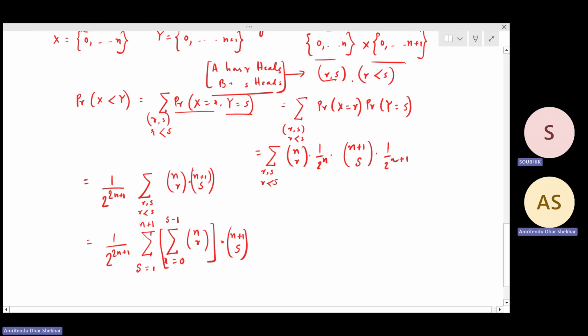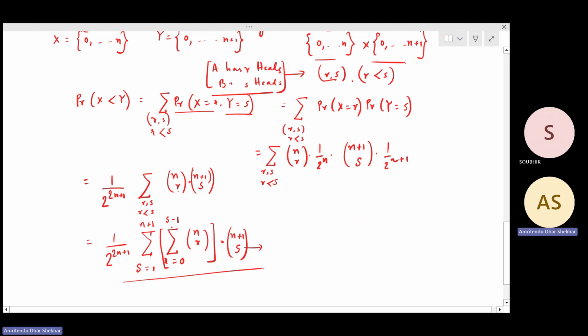Is it clear? I'm just rewriting this formula, so I'm essentially collecting the terms. I'm considering an s, and then I'm considering all those r's which are smaller than s. So for a fixed value of s, I'm going to consider r from 0 to s minus 1, and this is what we get.